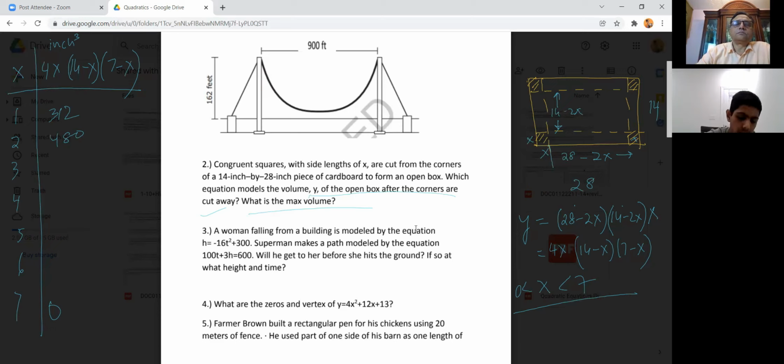For 3, I got 522. And then for 4, I got 480.